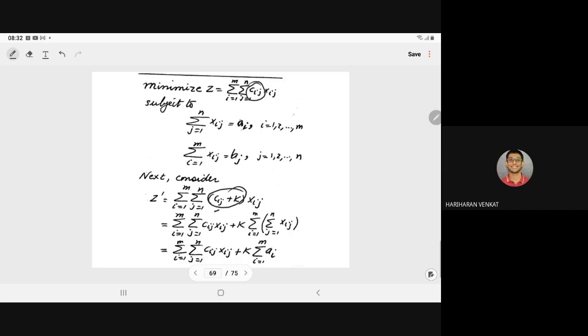So Cij into xij plus k into xij we can write. And if you take the summation of xij over j from 1 to n, it is given to you, it is the ai, right? And the summation of all ai, because it is constant, since k is already constant, let's say it is capital K.